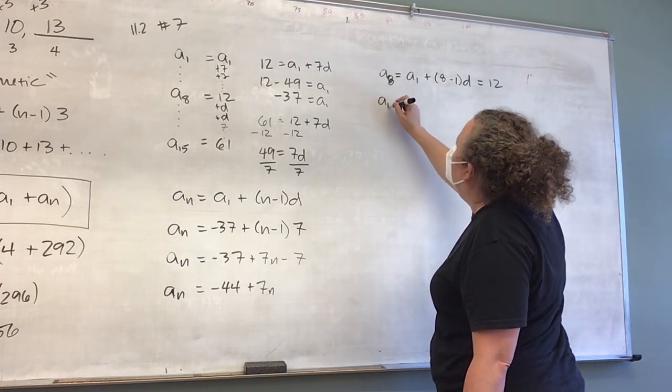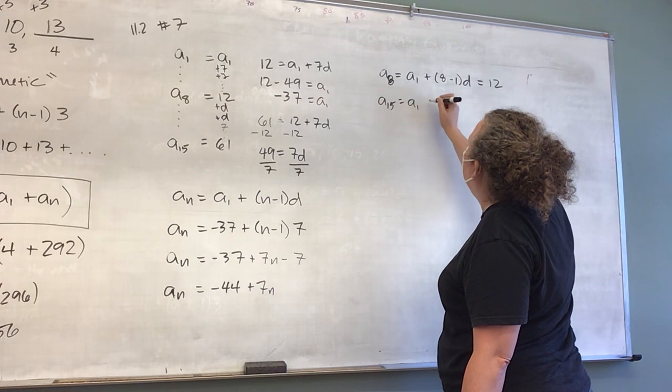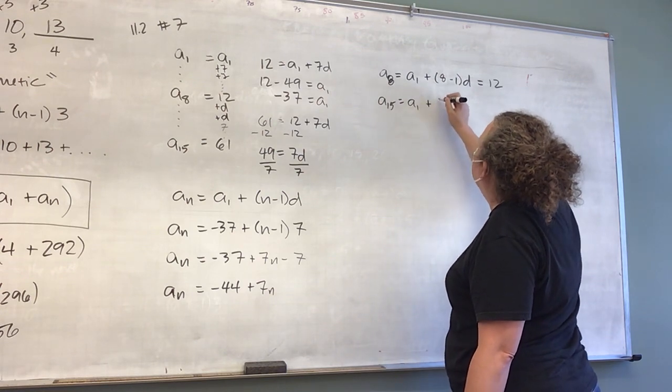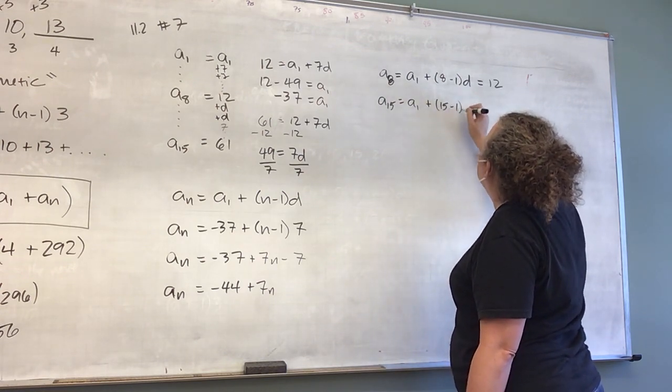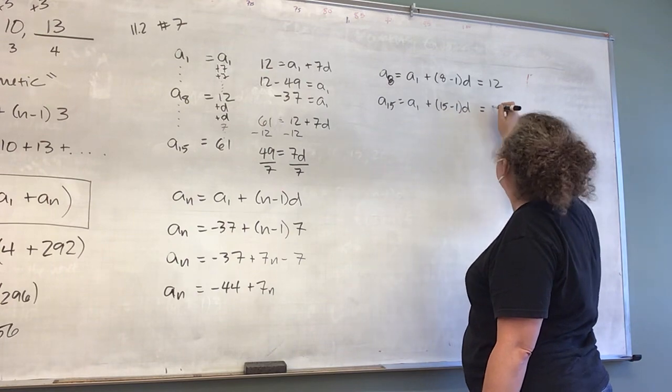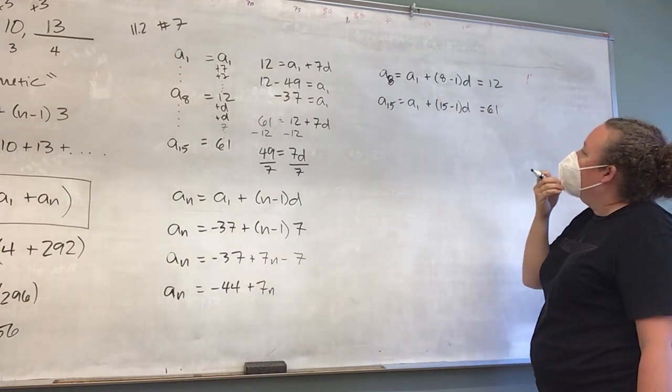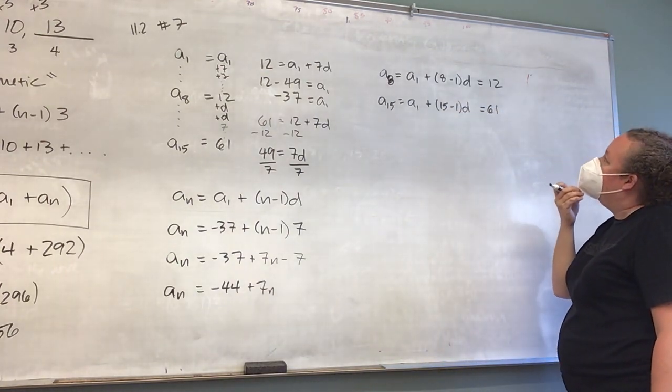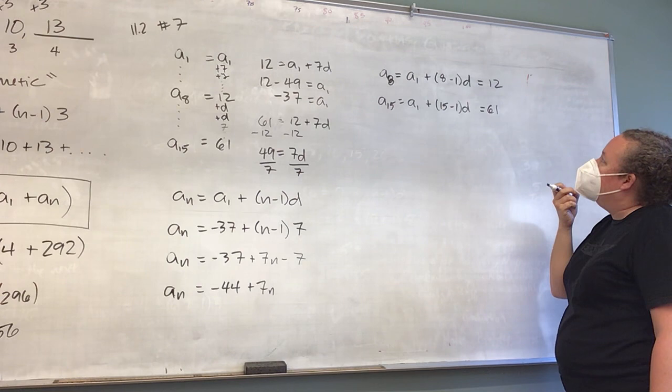And A sub 15 is equal to A sub 1 plus 15 minus 1 times d, which is equal to 61.